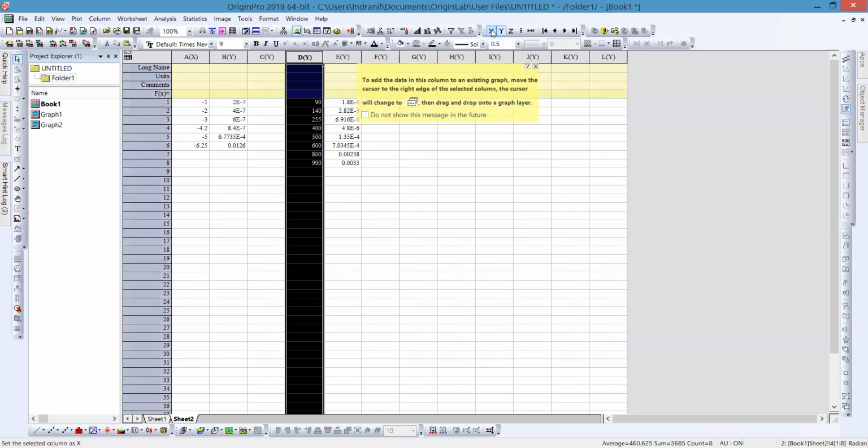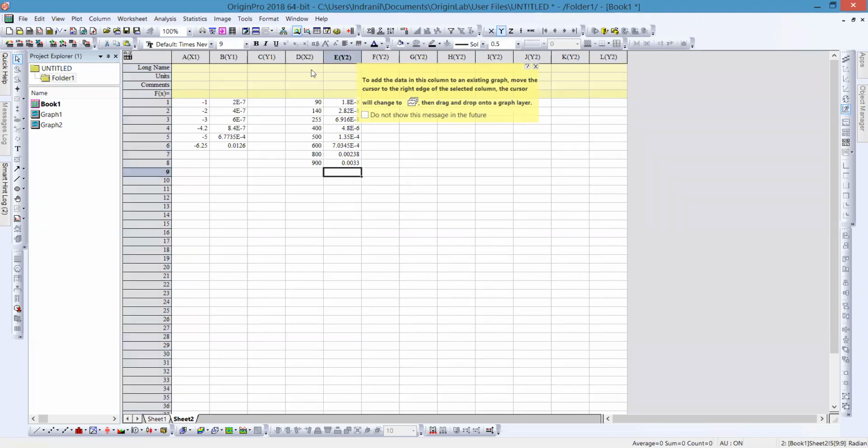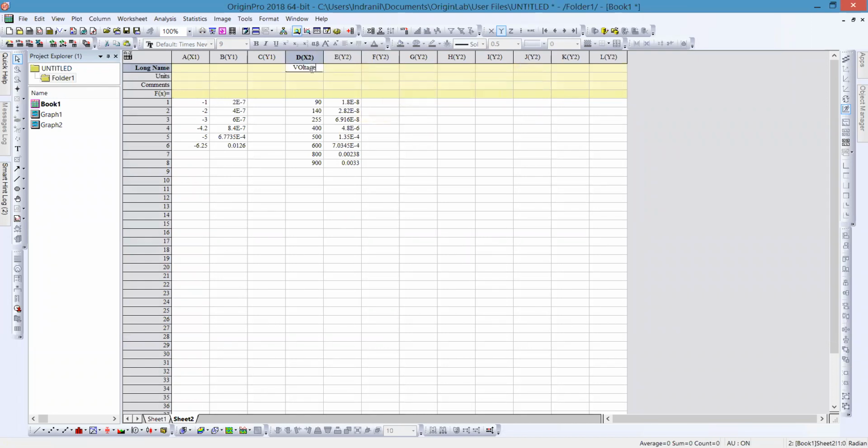Okay, now let's plot it. So this one is voltage, and the unit is in millivolt, right? Yes, sir. And all these are in amperes. Or else we can have a milliampere scale or ampere scale.